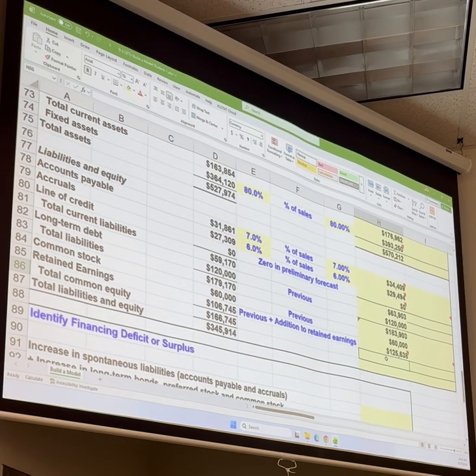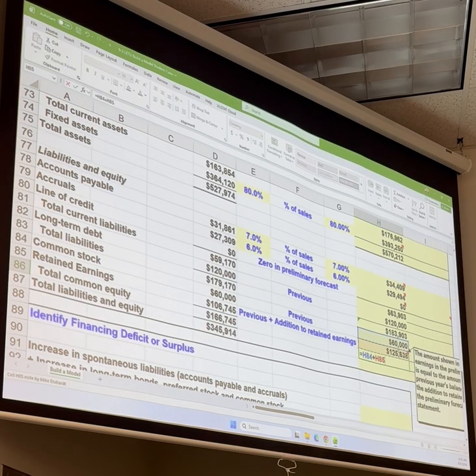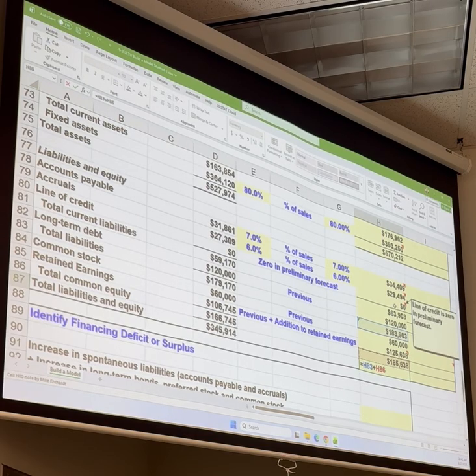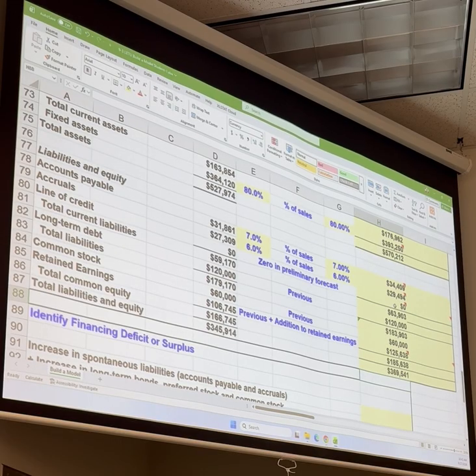We can now get our total common equity, that's our common stock plus our retained earnings. Then our total liabilities and equity are going to be equal to our total liabilities plus our total common equity.